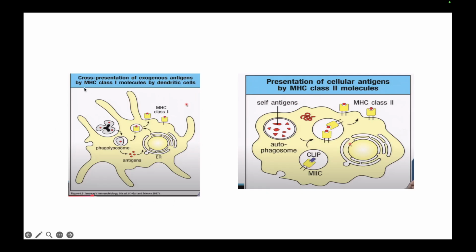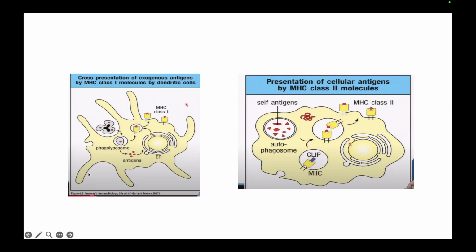Here is an example of cross presentation of exogenous antigen by MHC class 1. So we know exogenous antigens are presented by MHC class 2 molecules, but there is also cross presentation, which is done by the dendritic cells. This particular cell has engulfed the antigen in phagolysosomes, and inside these phagolysosomes they load the antigens on MHC class 1 and present them on the surface.